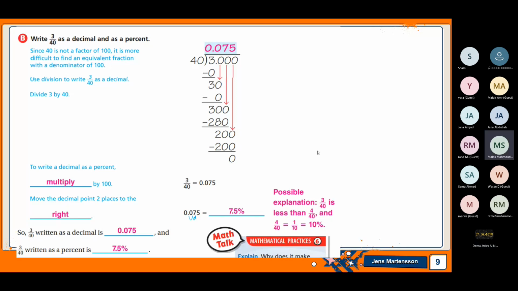Okay, I write it: 0.75. Teacher, I have a question. How do we know whether we move the decimal point to the left or to the right? If you multiply, to the right. If you divide, to the left. Okay, thank you.